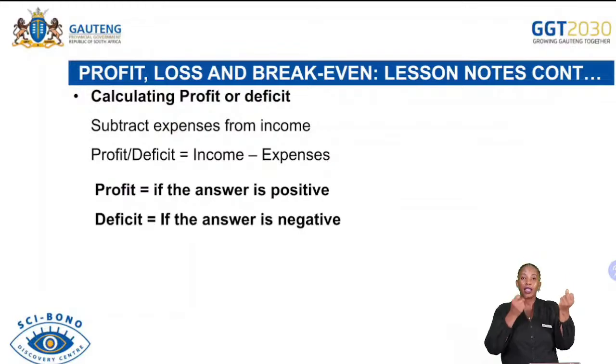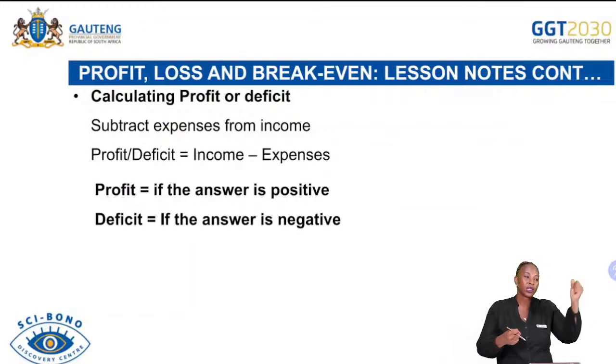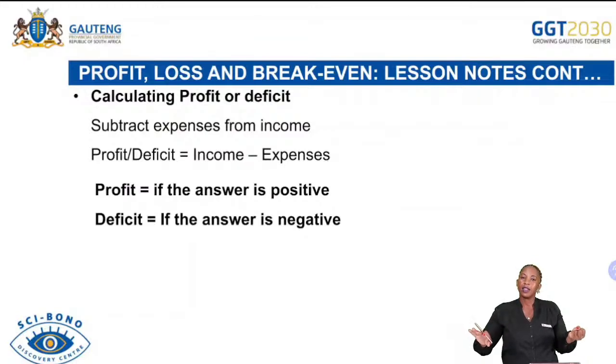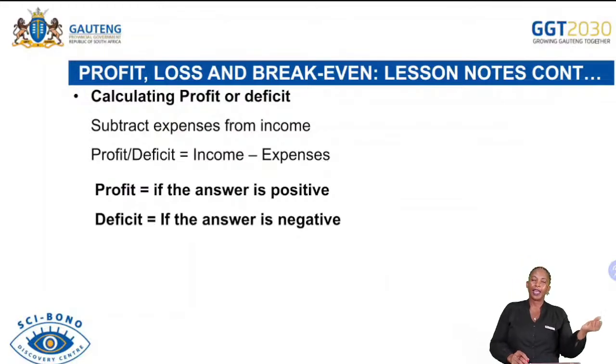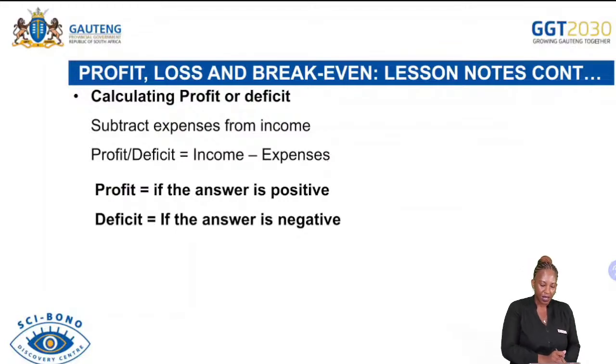If the income is more than the expenses, I know I will make a profit, because from the income that I'll be having, I have to subtract the expenses. Whatever is left becomes a profit. And when you talk about a loss, or a deficit, we subtract.